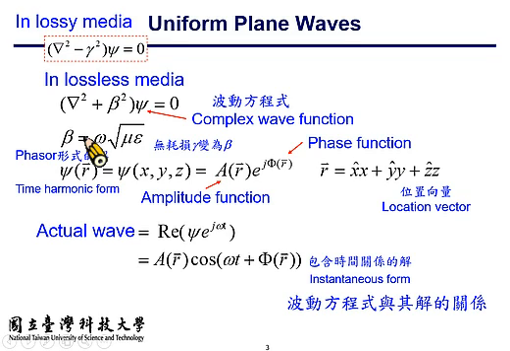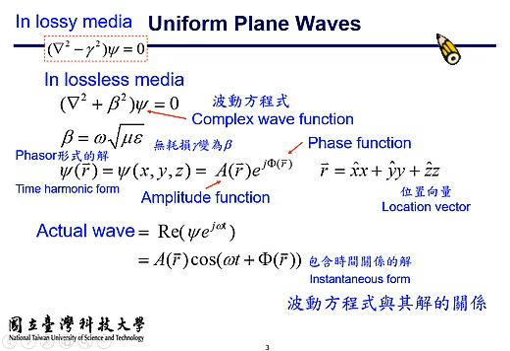So therefore, the square root of mu times epsilon is actually what? The inverse of the speed of light, the speed of the wave. Okay, and all right.